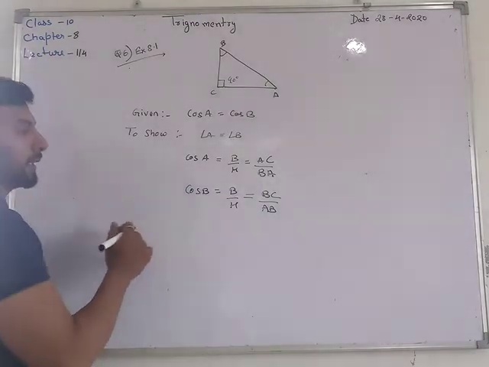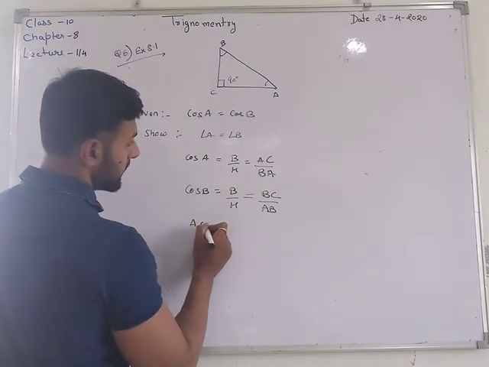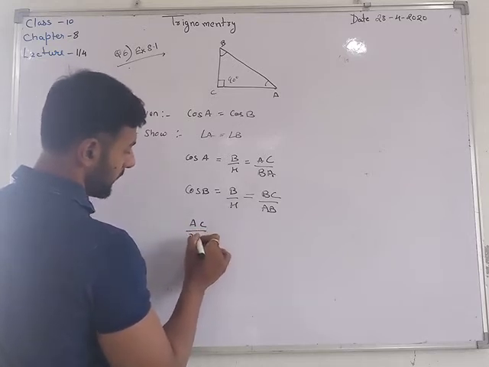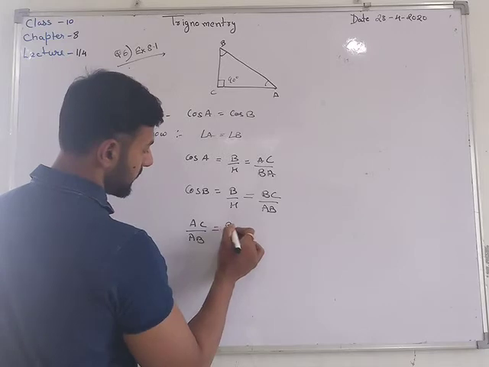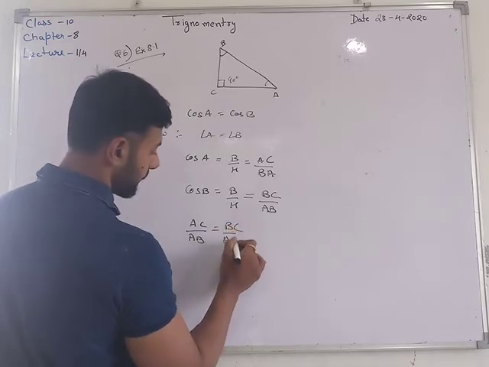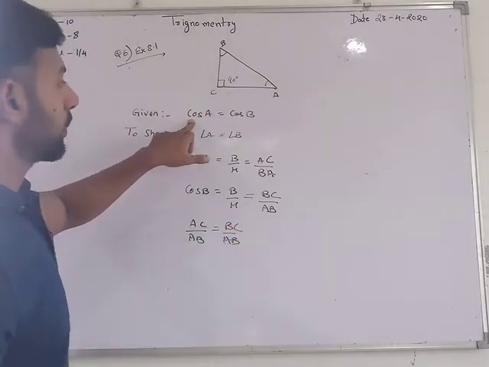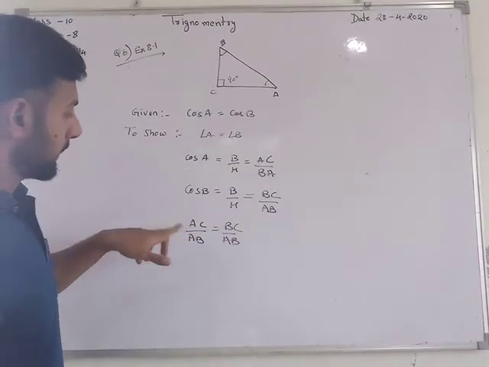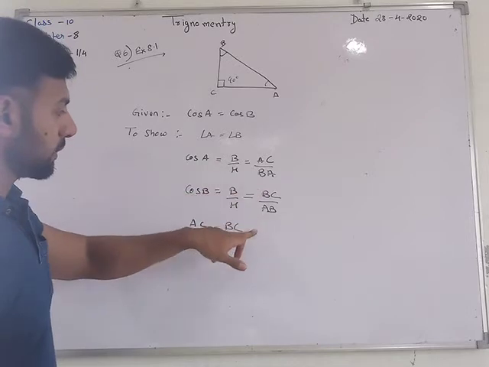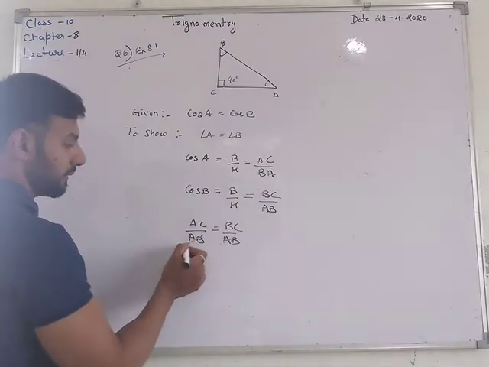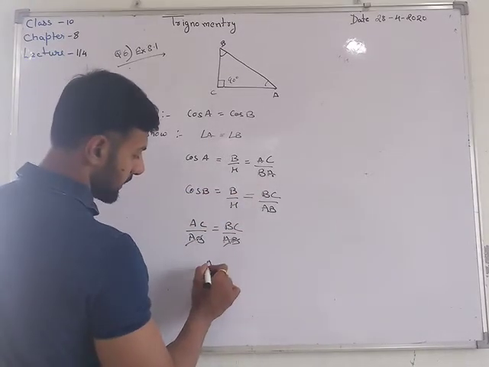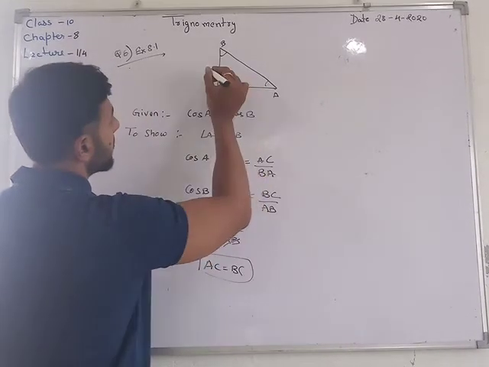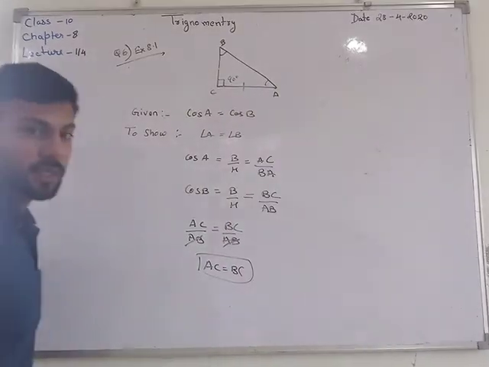Now these two are equal, which means AC upon AB is equal to BC upon AB. We are given that cos A is equal to cos B. This AB will get cancelled out with this, so AC is equal to BC.